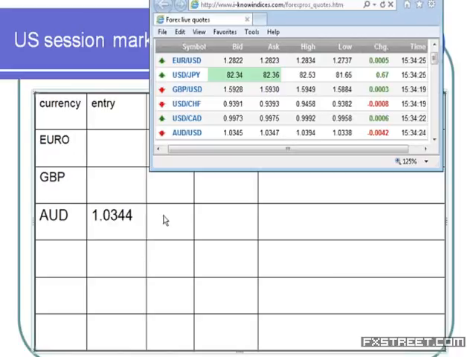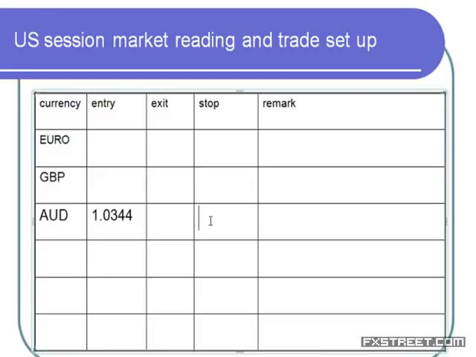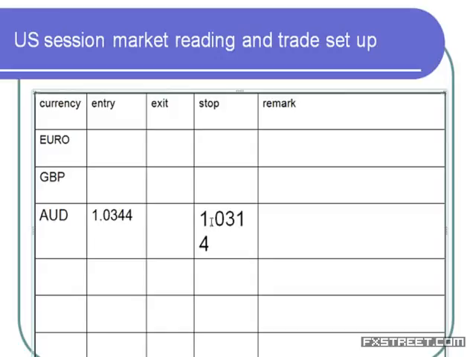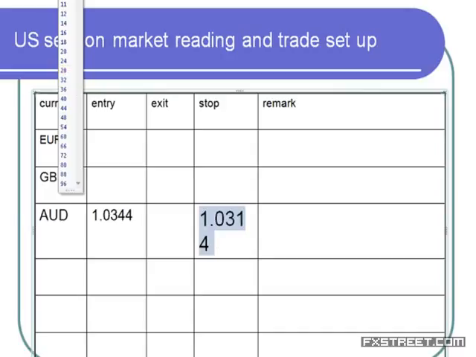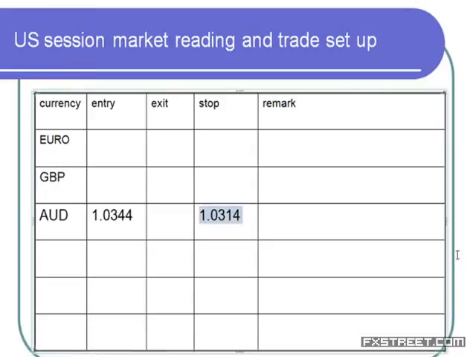So 30 pips below will be our stop, 1.0314. Our exit will be the high that they have set.